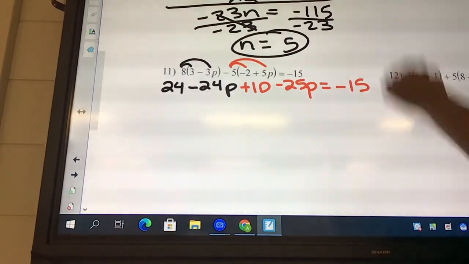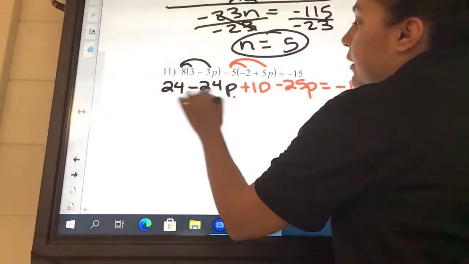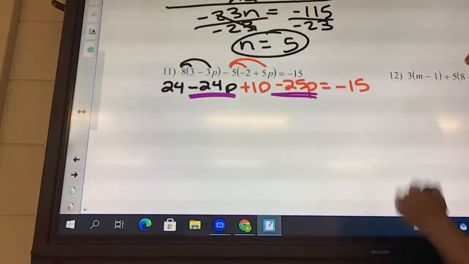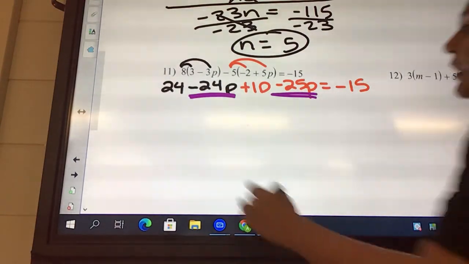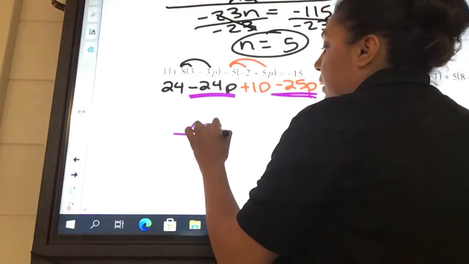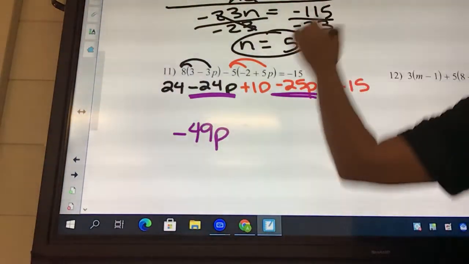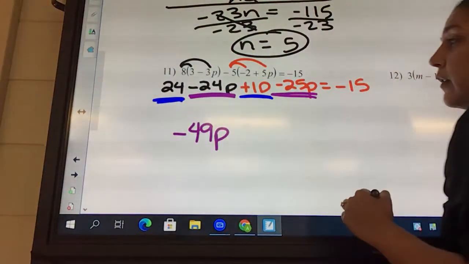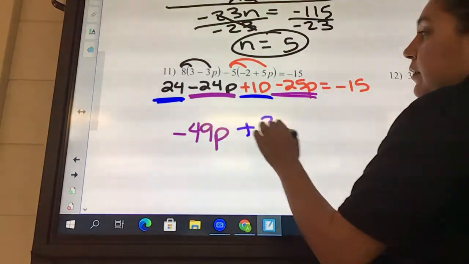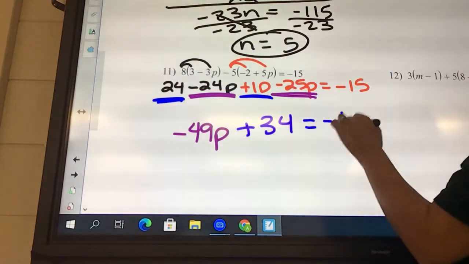Okay, I'm going to combine my like terms. So I can combine this p with this p. So negative 24 and a negative 25 is going to be a negative 49p. And then I'm going to combine 10 and 24. And that's going to give me a plus 34 equals negative 15.